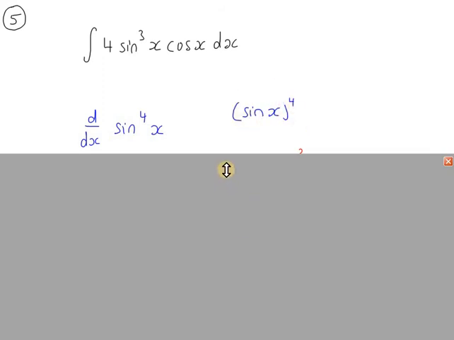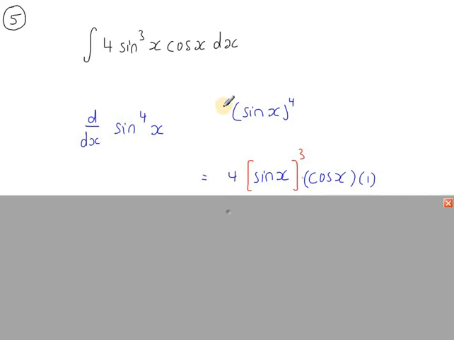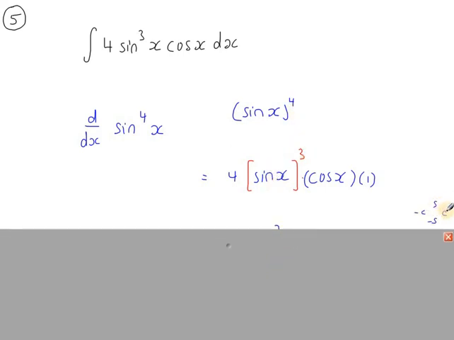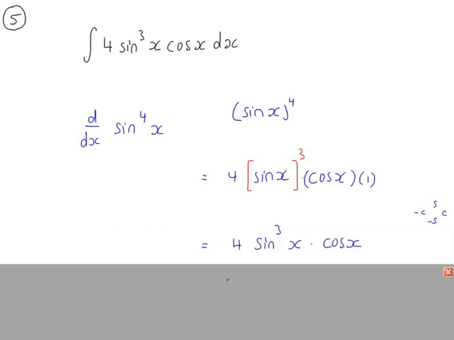And if I'm differentiating this, the power comes to the front, I've got my function inside the brackets, reduce the power by 1, and then I differentiate sine. If I differentiate sine, I get cos. I differentiate the angle and I get 1, and then simplifying gives me this.